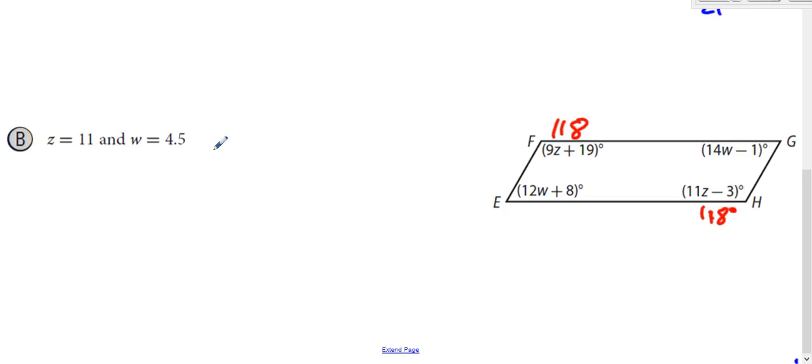Now we'll plug in 4.5 for W. 12 times 4.5 is 54. 54 plus 8 is 62. And then 14 times 4.5 is 63. Minus 1 is 62. So yes, we have opposite angles are congruent, so yes, it's a parallelogram.